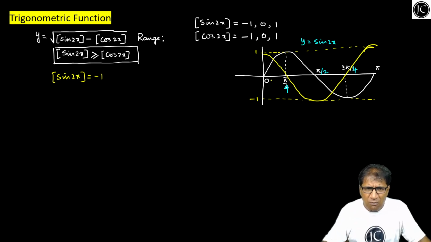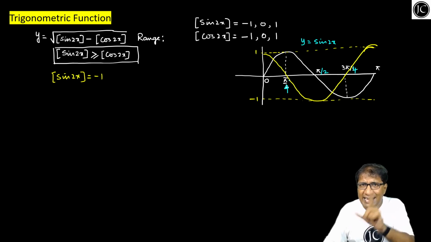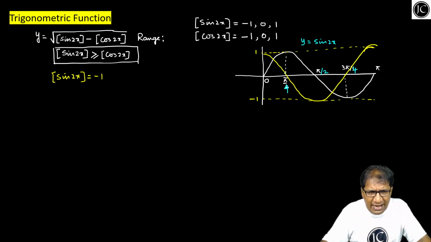Now observe in this graph where sin 2x is lying between minus 1 and 0. It is very clear because the white graph is basically the graph of y equals sin 2x.